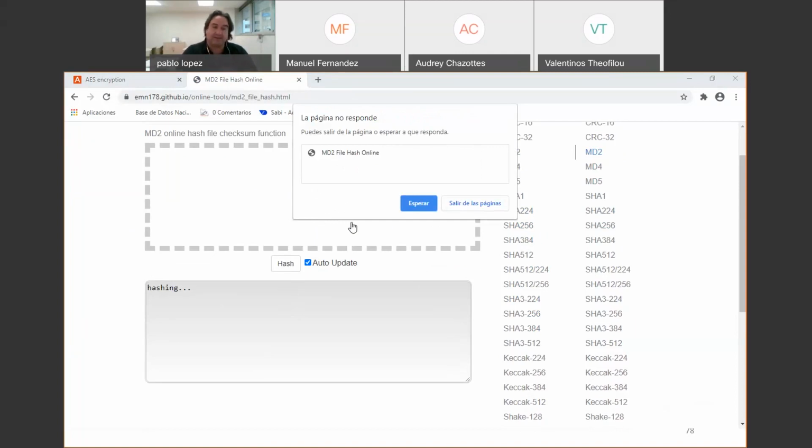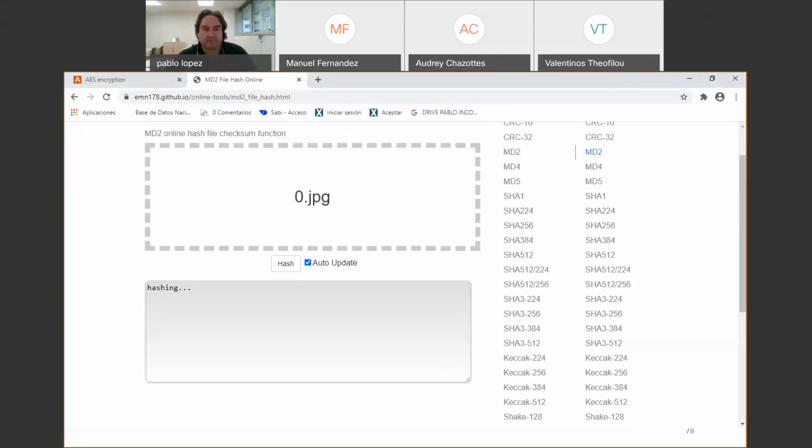And in this transfer that you do through the blockchain, you send the public key, the hash, to someone who will receive it.